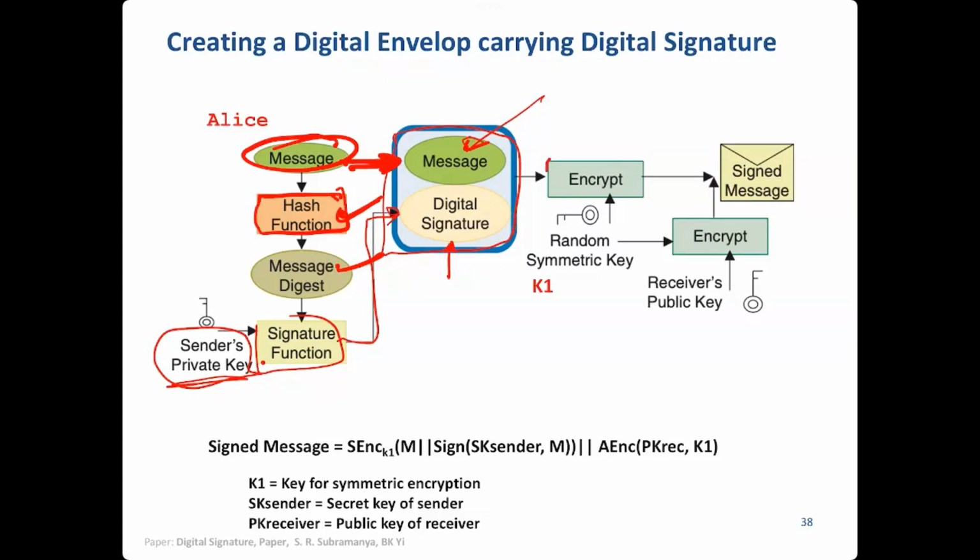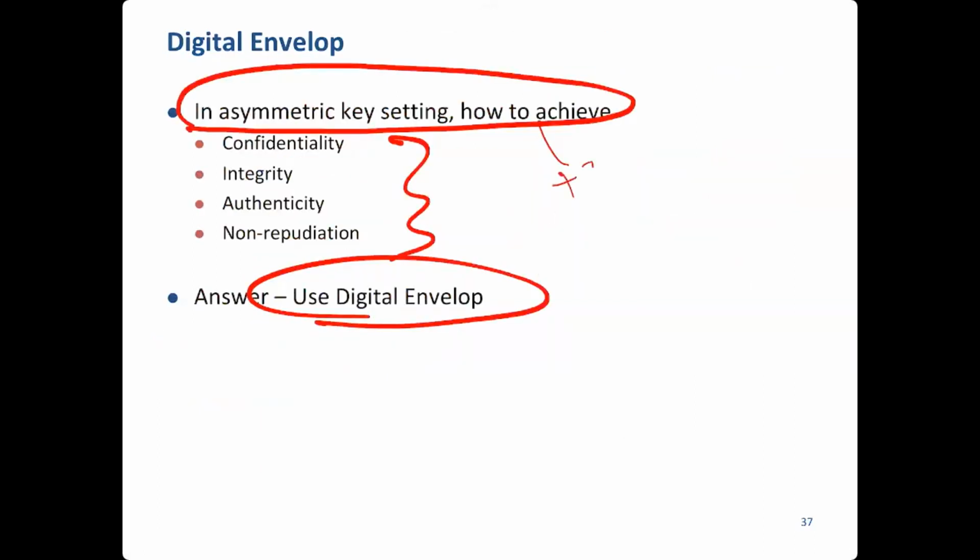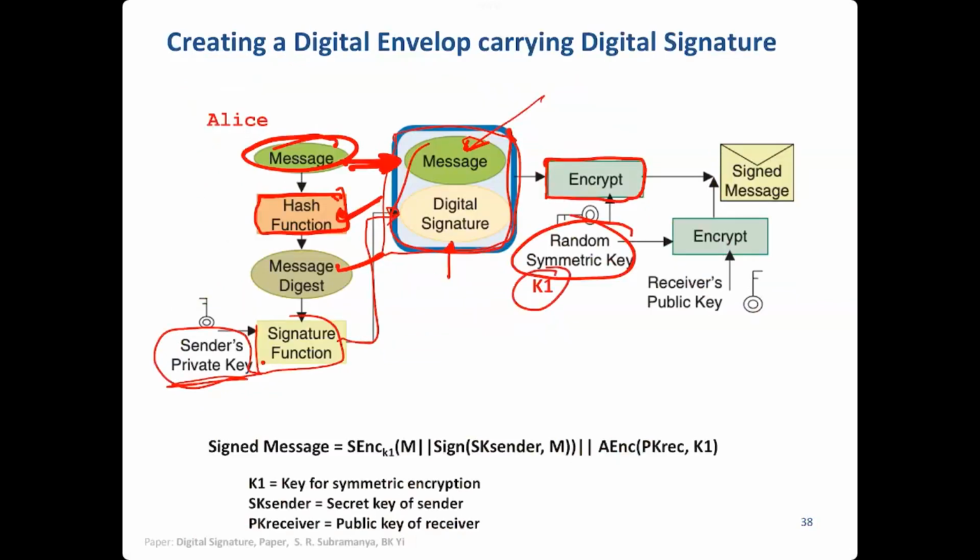So she encrypts all of this using a symmetric key. Of course, we are using not only asymmetric key but also symmetric key. Now this symmetric key must be available to the other end, so we take Alice's symmetric key, encrypt it using Bob's public key, and attach it to this encryption.